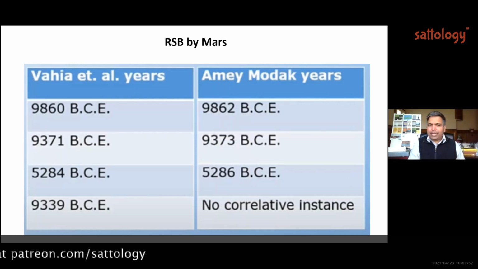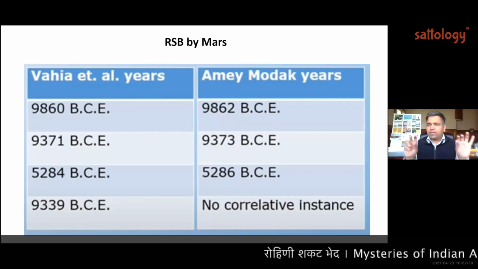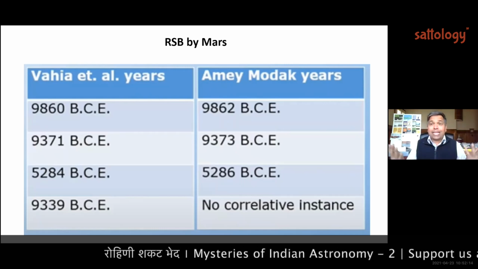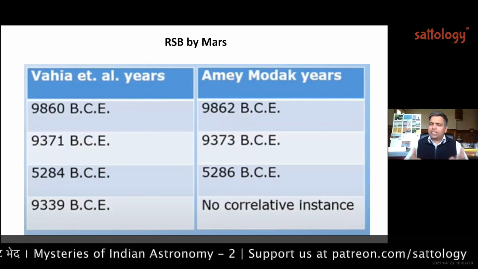Wahiya says 9371 BC. Ameya has shown, or astronomy software shows, 9373. Wahiya says 5284. Astronomy software shows 5286. So you see a very consistent difference of 2 years. I don't know, Ameya doesn't know, we don't know why that difference shows up. But it is very consistent otherwise. In the close vicinity, that does happen.